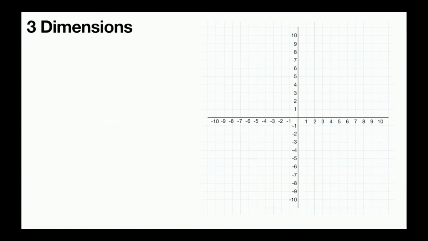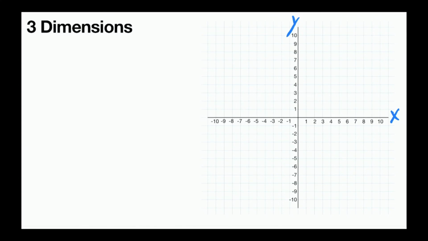All right, so just one note on 3 dimensions. We're not really going to do a whole lot of 3 dimensions in this course, but you might come up with them in the future. So just to mention them, with 2 dimensions, we represent objects in a coordinate plane, with the x direction being that axis, the y direction being that axis, but the z direction, remember, that's what creates our 3rd dimension.